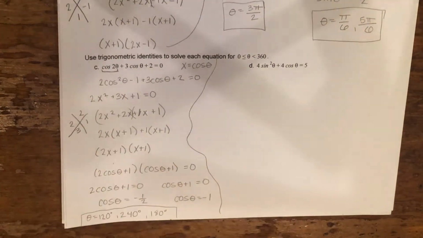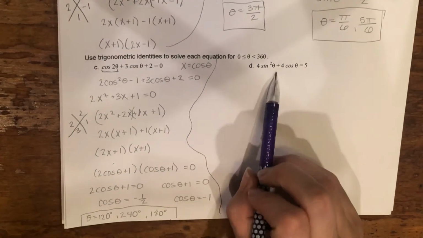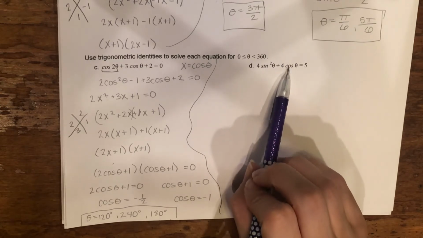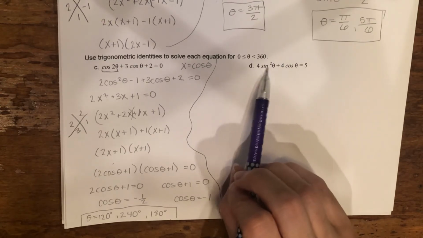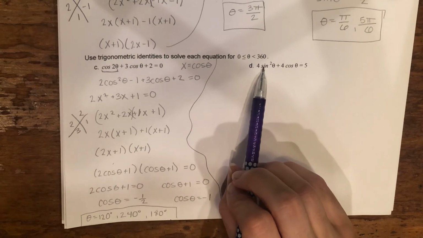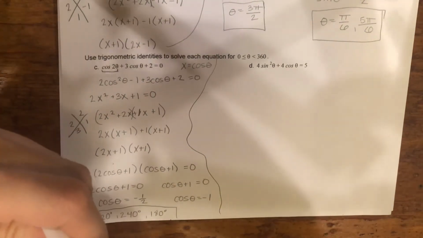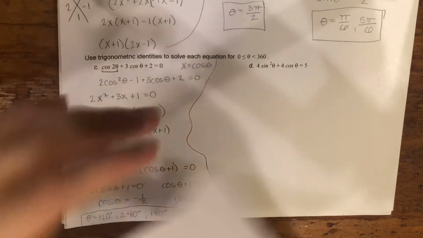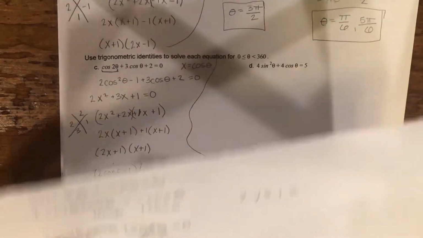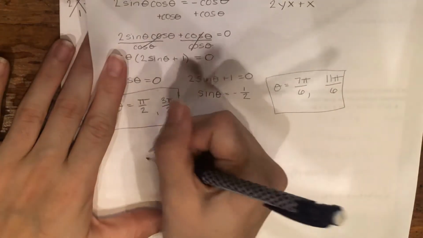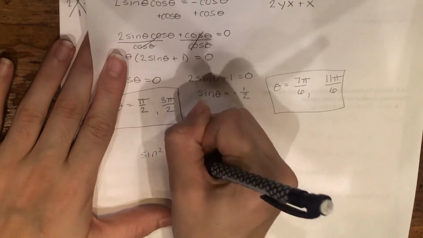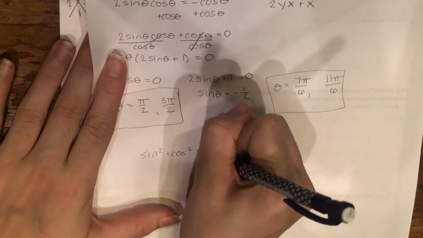Okay, so first thing that I noticed, I have a squared, but this is a cosine. So I'm going to try to switch this in order to get it to be a cosine squared. Okay, I'm just going to write it here. I know sine squared plus cosine squared equals 1.